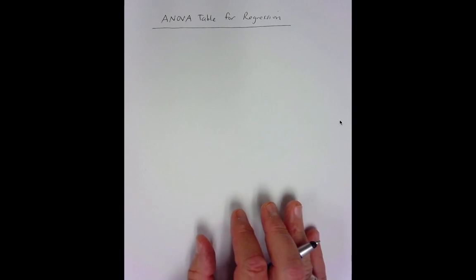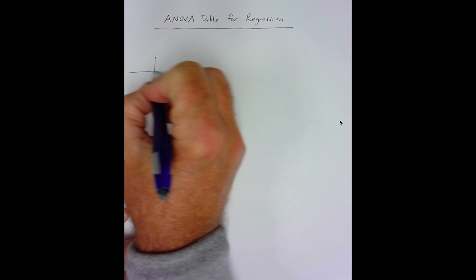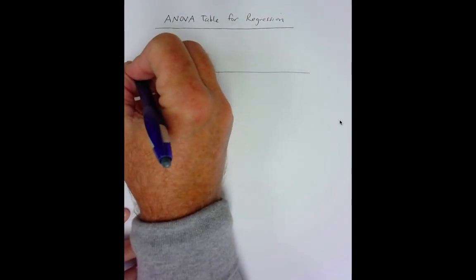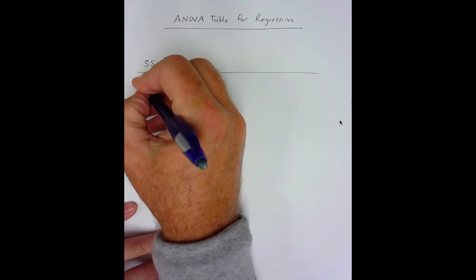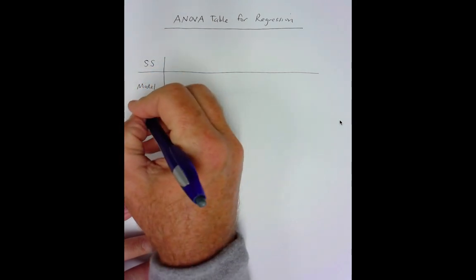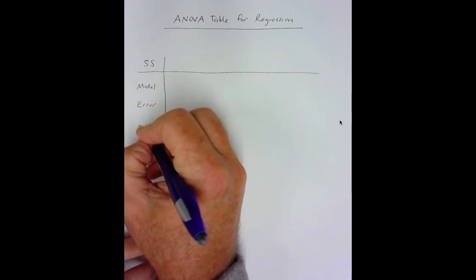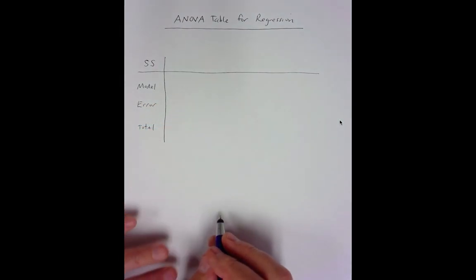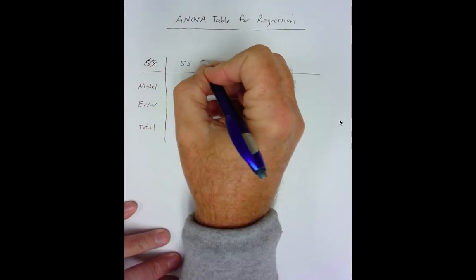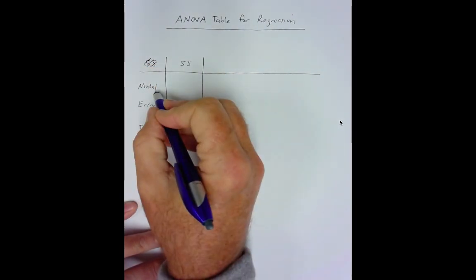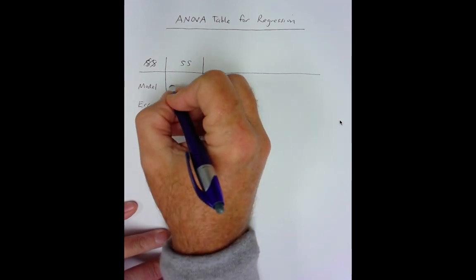Well, guys, it turns out it's practically the same thing. So what we'll do is we'll start out with our sum of squares. And we'll have our model term, we'll have our error term, and we'll have our total sum of squares. Actually, that should be right here. So our model sum of squares was 77.357.